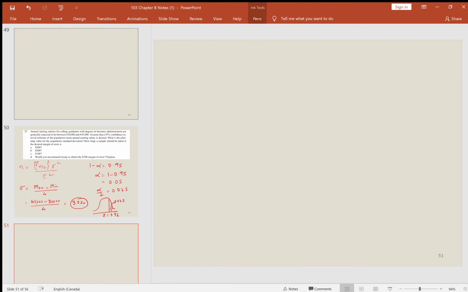Okay, so in part A, the desired margin of error is $500. So n is equal to z squared times sigma squared divided by e squared.